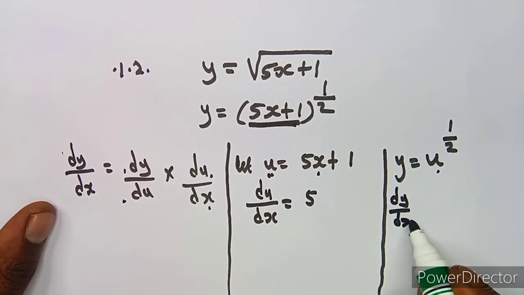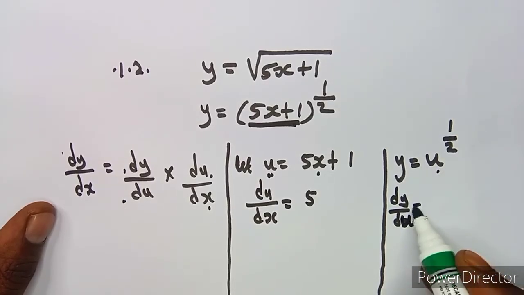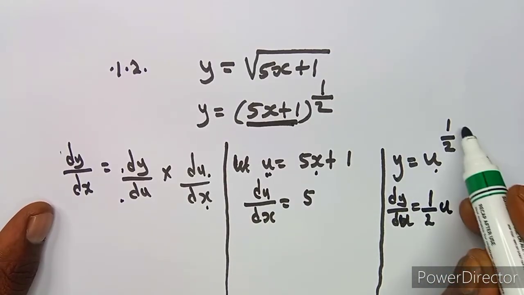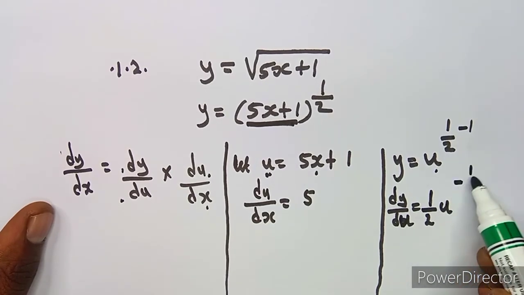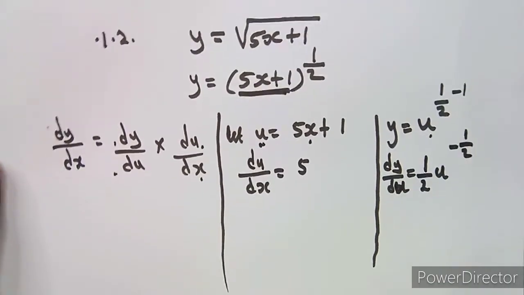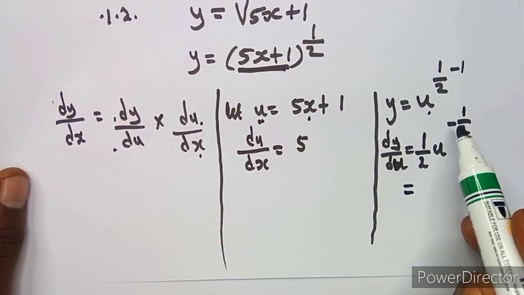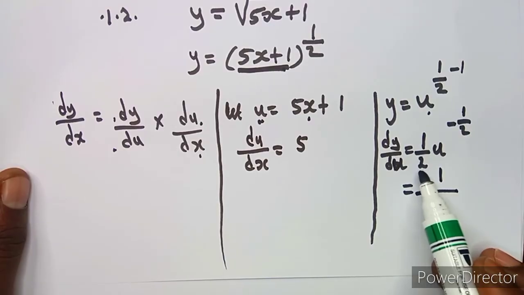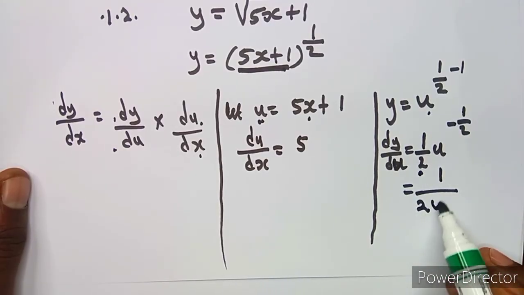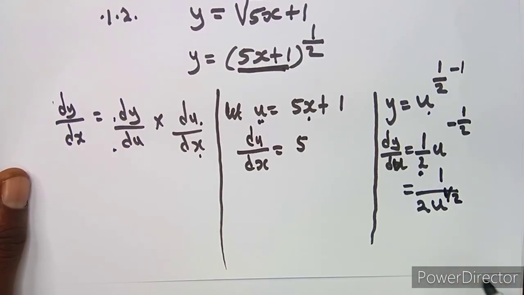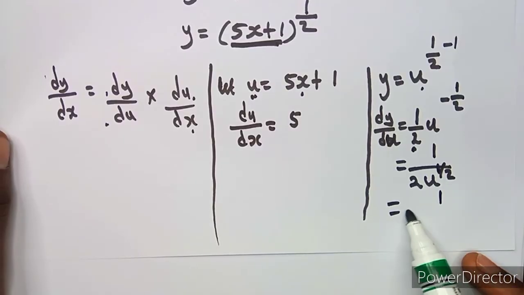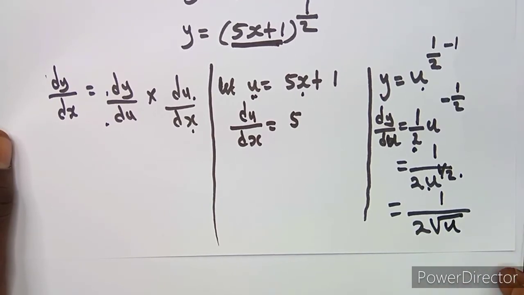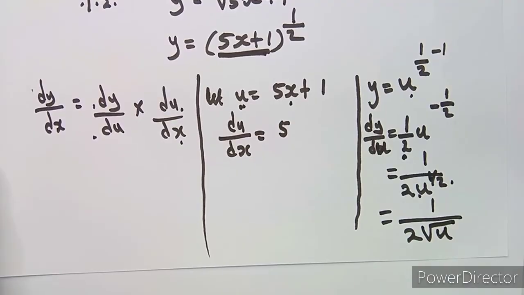Okay, the derivative of y with respect to u is going to be, so take note, there's an exponent, you drop the exponent, which is half, we subtract 1, so half minus 1 from your calculator is negative half. We know that a negative half exponent is the same as 1 over, so you can write this as 1 over 2 u to the exponent of a half, which is the same as the square root of u from your exponents, if you still remember.